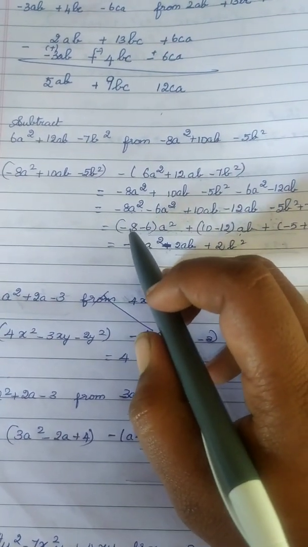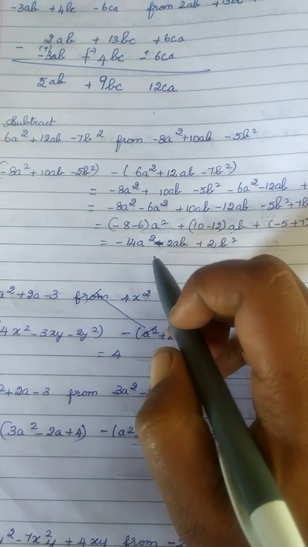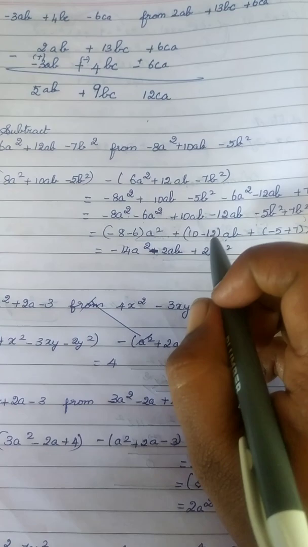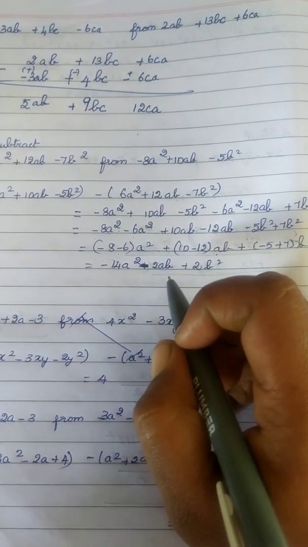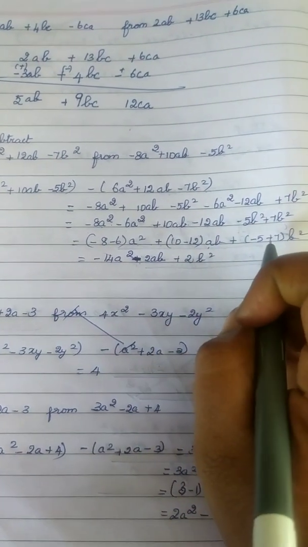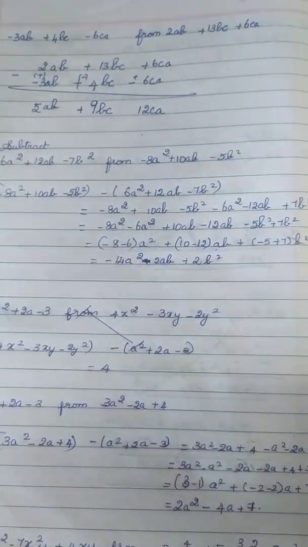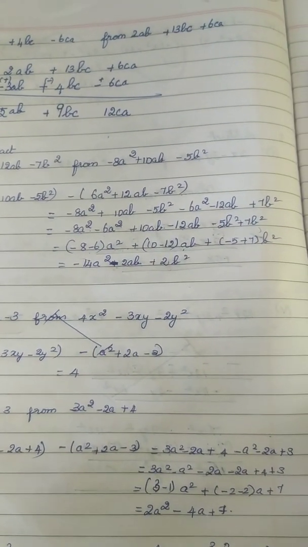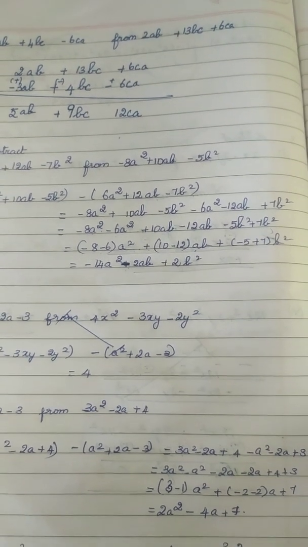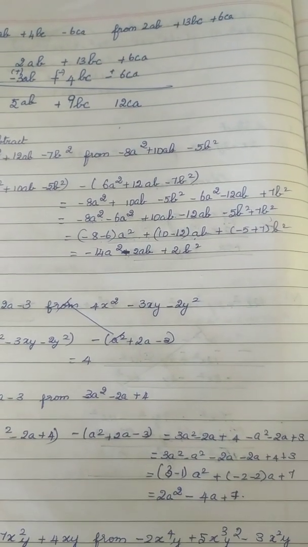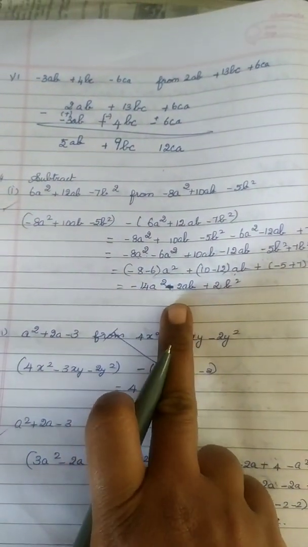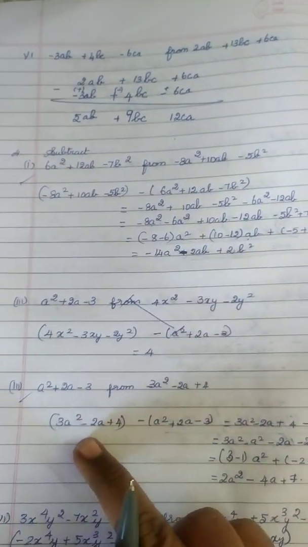Bigger number is 8, its symbol is minus, so minus 14a square. 10 minus 12 is 2, bigger number is 12, its symbol is minus, so minus 2ab. Minus 5 plus 7: two different symbols, so you subtract. 7 minus 5 is 2, bigger number is 7, its symbol is plus, so plus 2b square. So your answer is minus 14a square minus 2ab plus 2b square.